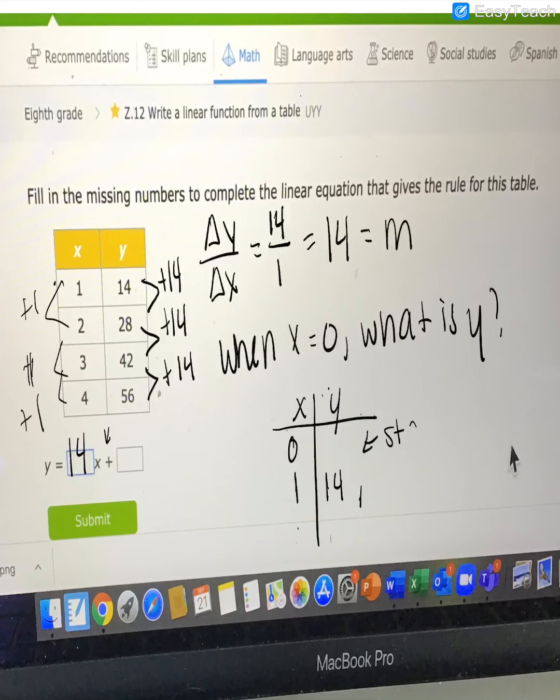So this is going to be our starting point, whatever's here. If we were adding 14 each time over there, then we're going to subtract 14 here since we're working backwards. So 14 minus 14 is 0. So you're going to write plus 0. So 0 is our starting point for this problem.